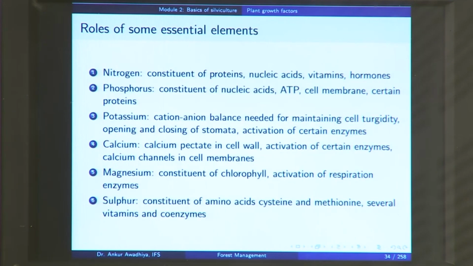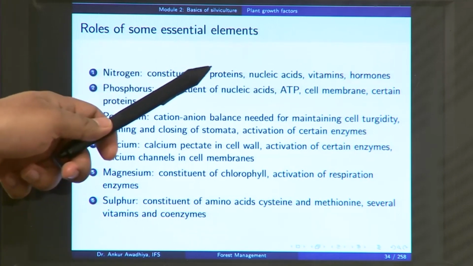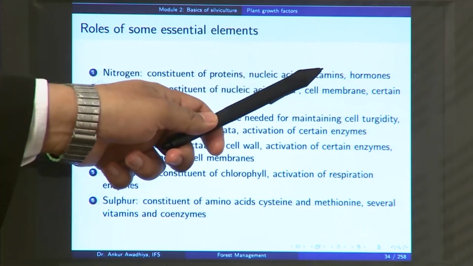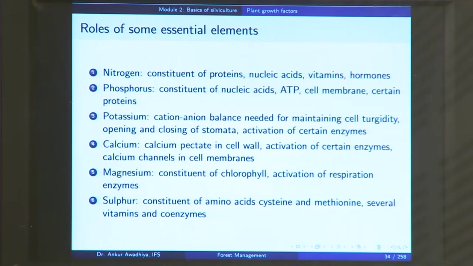So, what are the essential elements? Here we have the essential elements along with their roles. One essential element is nitrogen. As we know, a major part of our atmosphere is comprised of nitrogen. Nitrogen is a constituent of proteins, nucleic acids, vitamins and hormones.